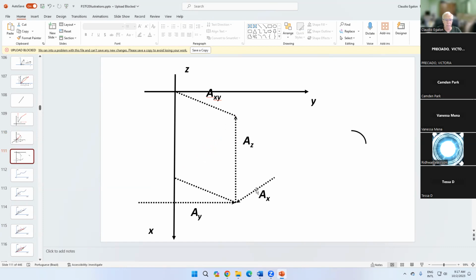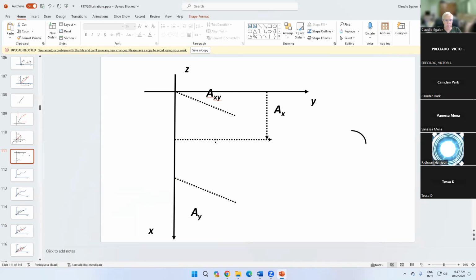Then we are going to have an x component of the vector that's going to be somewhat like that. And the y component of the vector is going to be this one here.